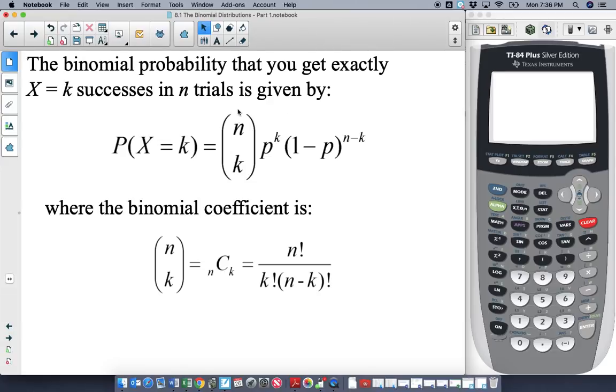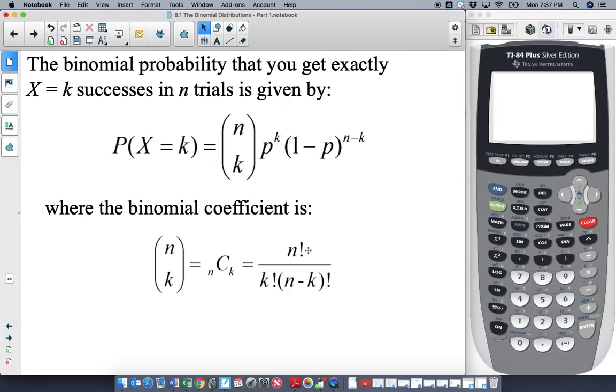Okay, and that n choose k coefficient there is the binomial coefficient. N choose k, this is another way to write it, combinations instead of permutations. This is equal to n factorial over k factorial times n minus k factorial.